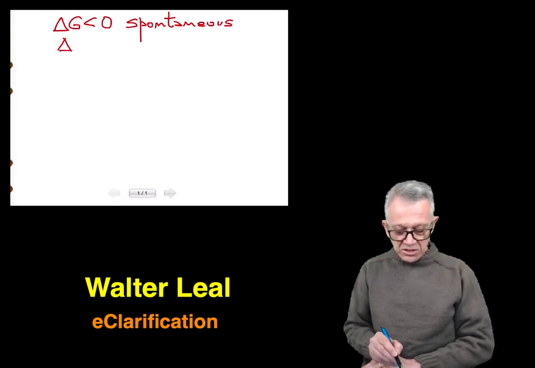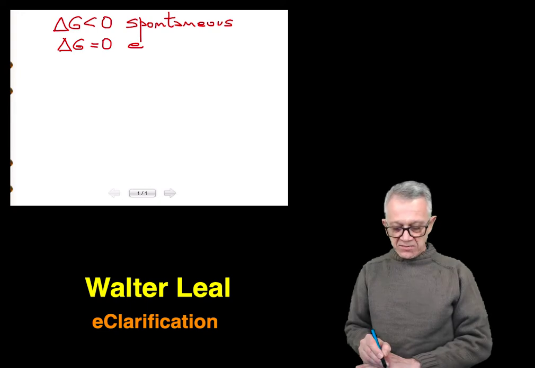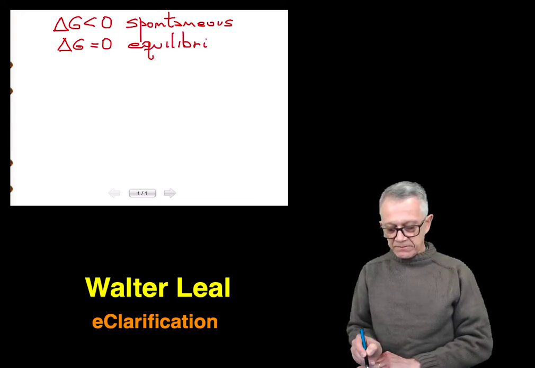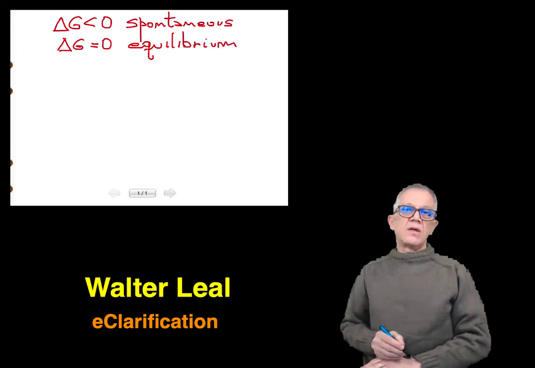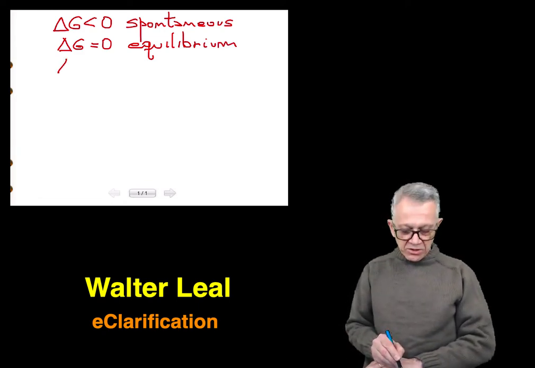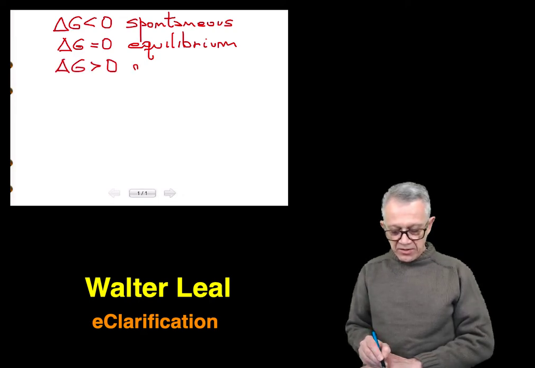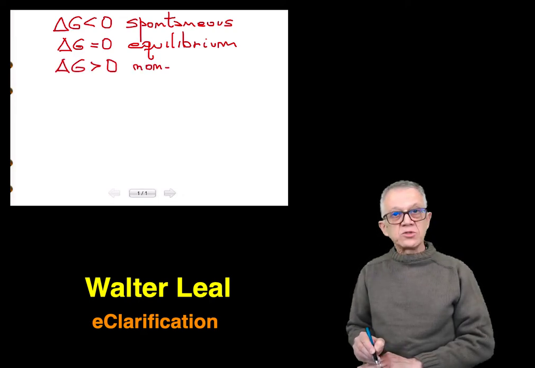When delta G equals 0, it means that the system is in equilibrium. And when delta G is larger than 0, the reaction of the system is non-spontaneous.